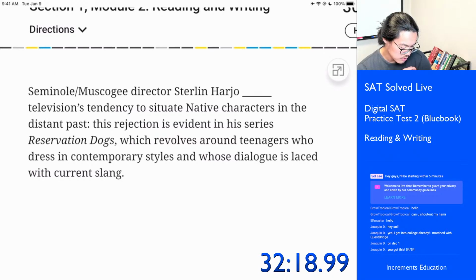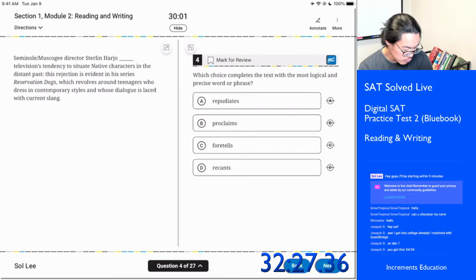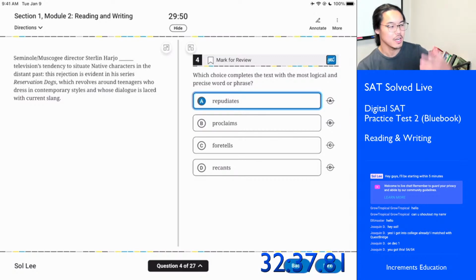To situate in the distant past, this rejection of situating it in the distant past have contemporary styles. Okay, rejects, that's repudiates. Yep. Recant is for like when you take it up and then you drop it.